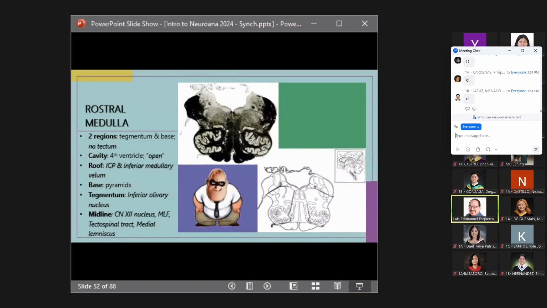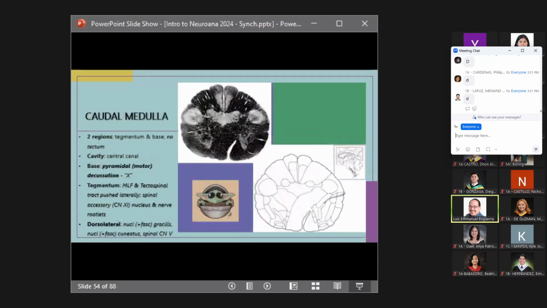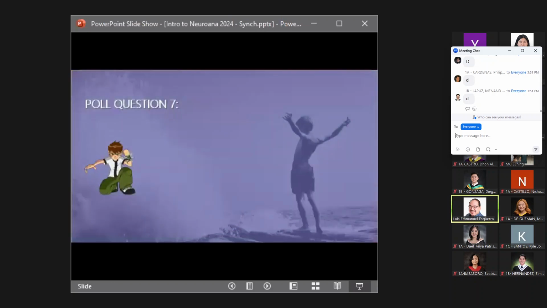Medulla is like a butterfly, but different parts look different depending on the cut. So in the middle there's no more fourth ventricle, and in the caudal one, you have the decussation of the pyramids. Yun. So these features, read on them and also look at them in the video in more detail.